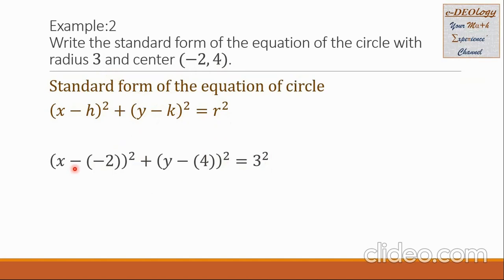The x minus negative 2 becomes x plus 2. We copy the square, plus the y minus 4 is simply copied here, removing the grouping symbol of the 4. Then we put the square, equals 3 squared is 9. This is now our final answer.